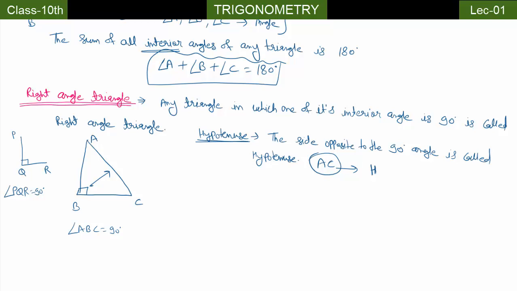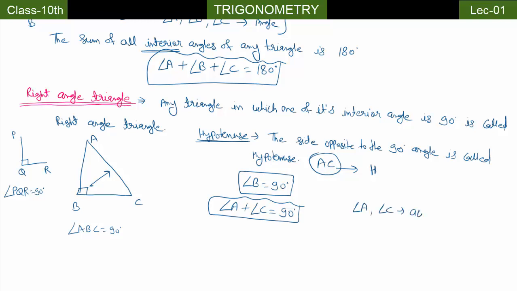Next we have to define the perpendicular and base. Before that, in this right angle triangle, angle B is equal to 90 degrees, and we all know that the sum of all interior angles of a triangle is 180 degrees. So from here I can easily say angle A plus angle C is also 90 degrees, and angle A and angle C are acute angles. In a right angle triangle, the right angle is the greatest angle, and we all know that the side opposite to the greatest angle is always greatest.